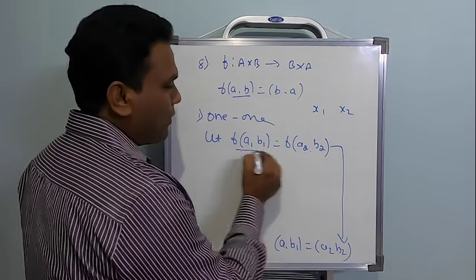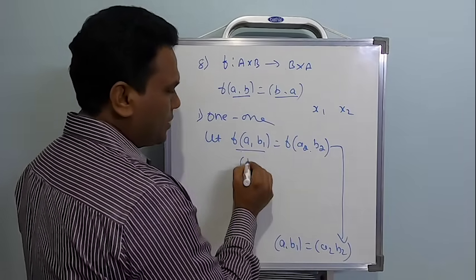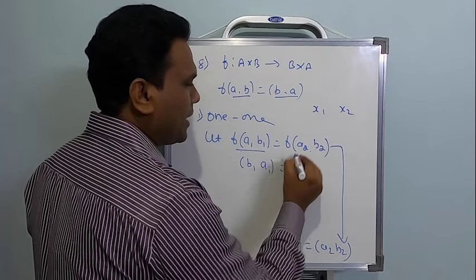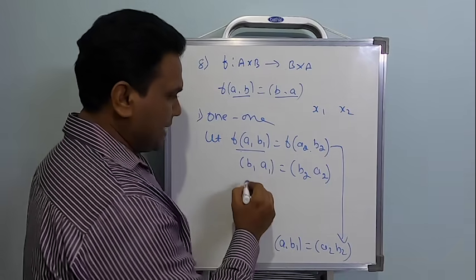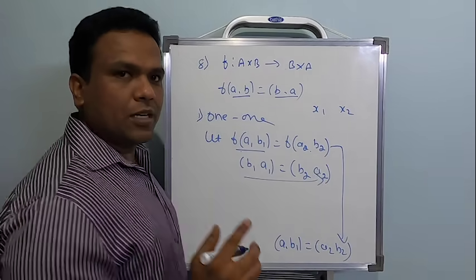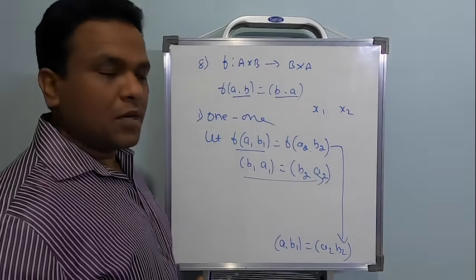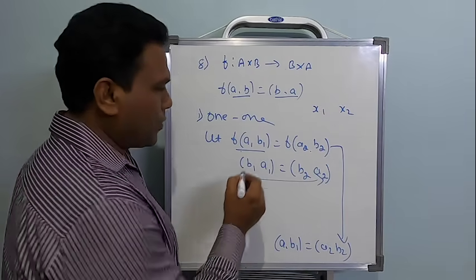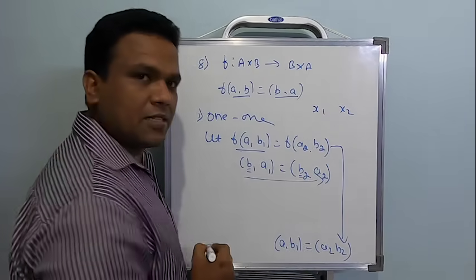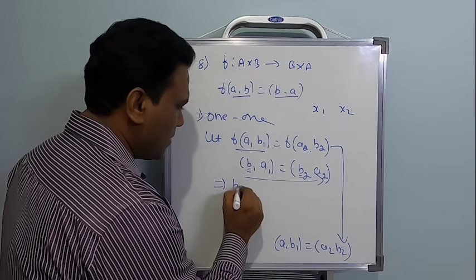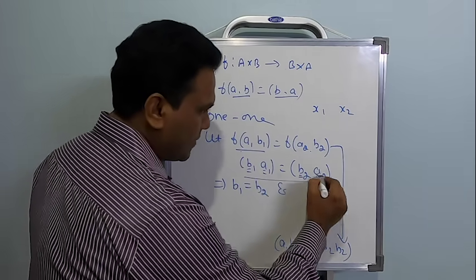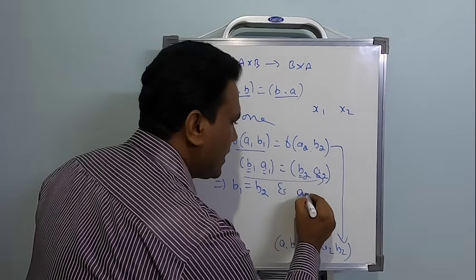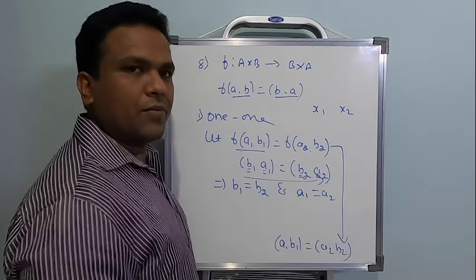Okay, now f of (a1, b1), according to the definition, this should be (b1, a1) and this should be (b2, a2). See, this step shows that two ordered pairs are equal. When we say two ordered pairs are equal, their corresponding first elements are equal, that means b1 should be equal to b2, and their corresponding second elements are equal, that means a1 should be equal to a2.